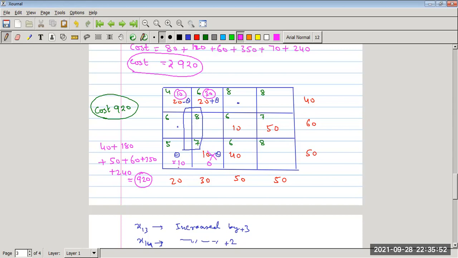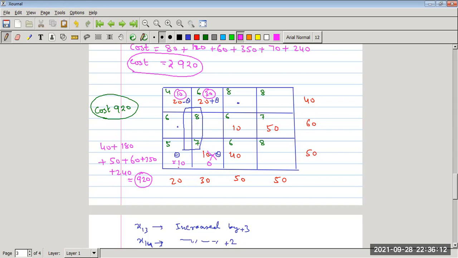After allocating items in each non-allocated position, we observe whether the cost is increased by some rupees or remains 0. 0 means there is no change in the cost.